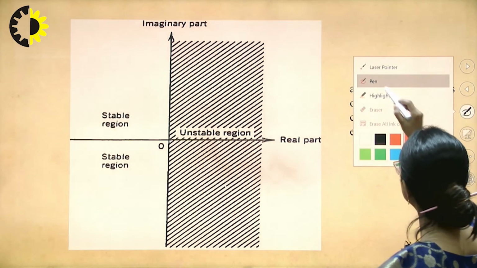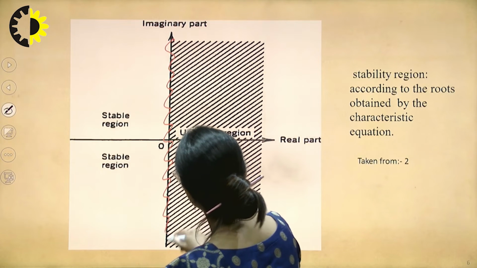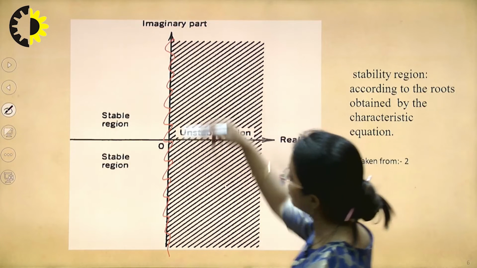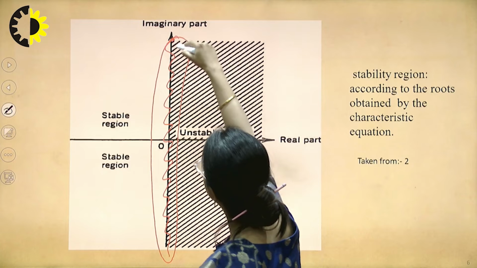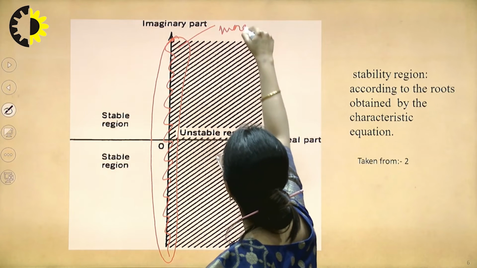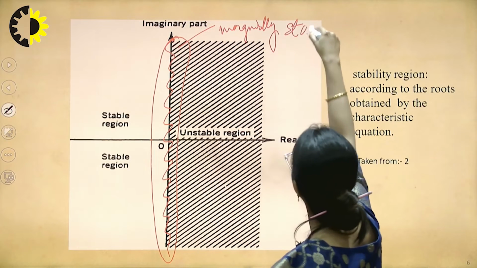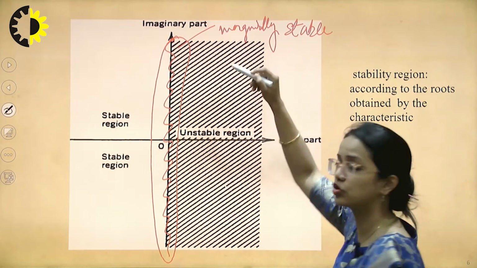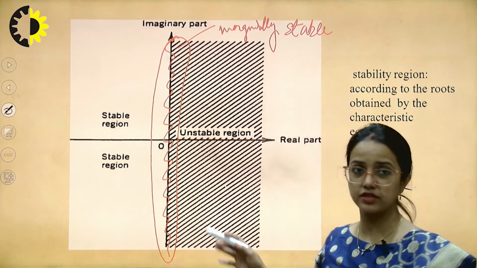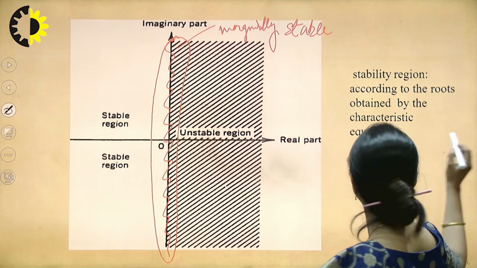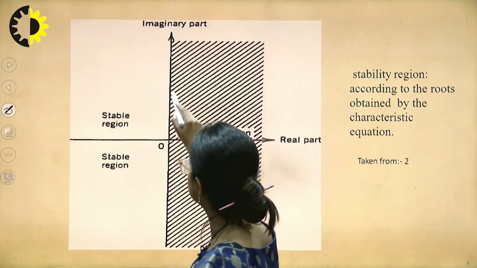So this is the zone of marginally stable system. This is the marginally stable location of roots, if the roots are lying on this imaginary j omega axis. We will call the system marginally stable.